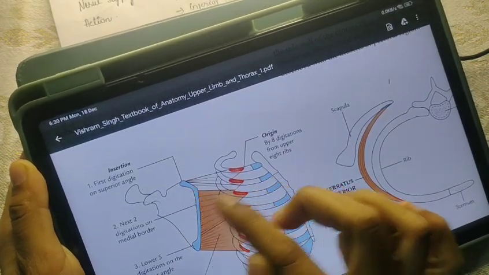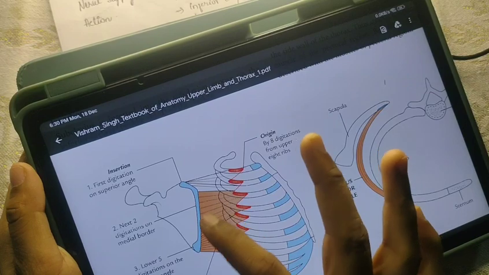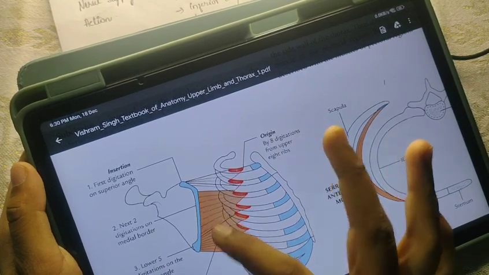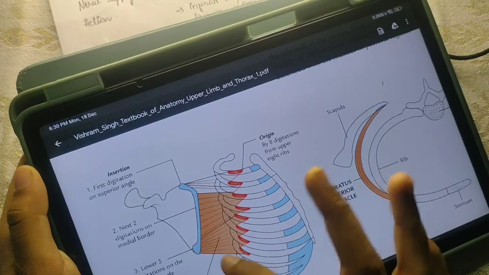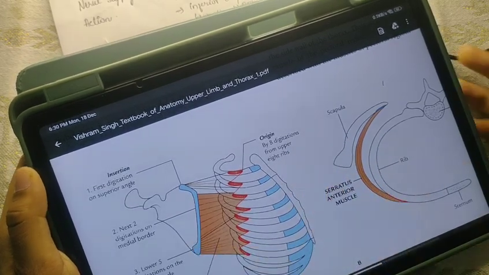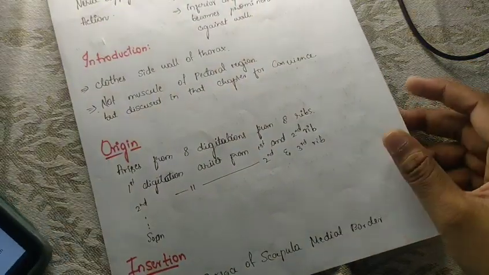The upper 2 digitations will insert on the superior angle. The next 2 digitations will insert on the medial border. The remaining 4 to 5 digitations will be inserted onto the inferior angle. This will be the origin and insertion of the serratus anterior muscle.